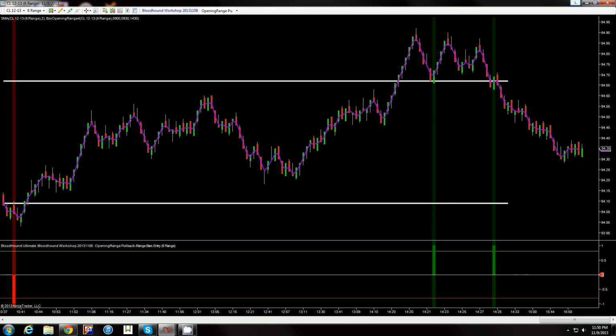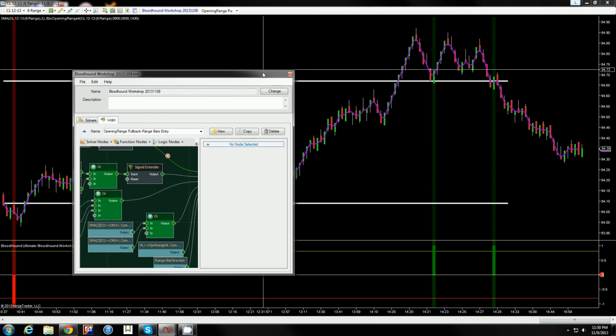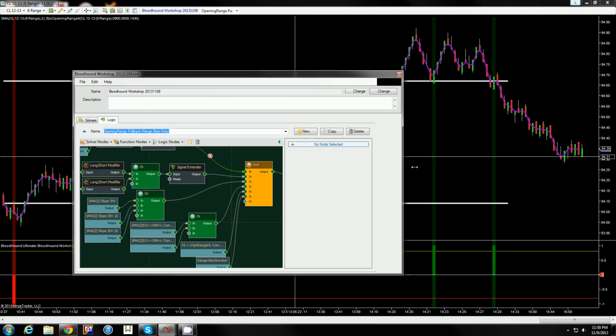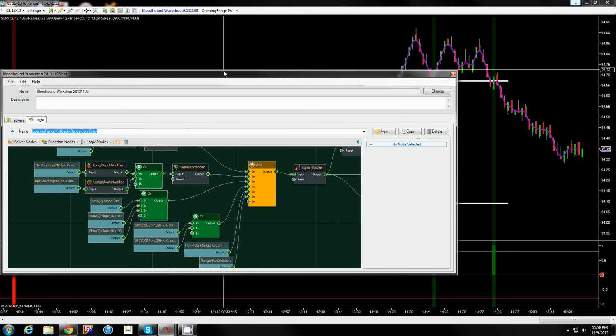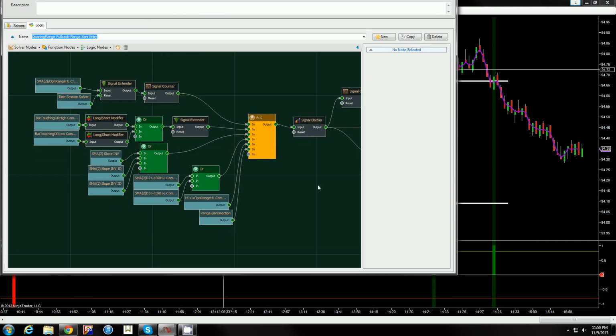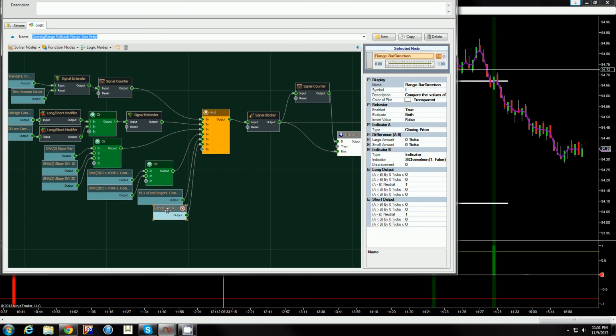And the only difference between the range and the minute is this. For the one that's set up for the minute bars, I'm able to use the bar direction solver, and for this one, everything else is the same except for this.